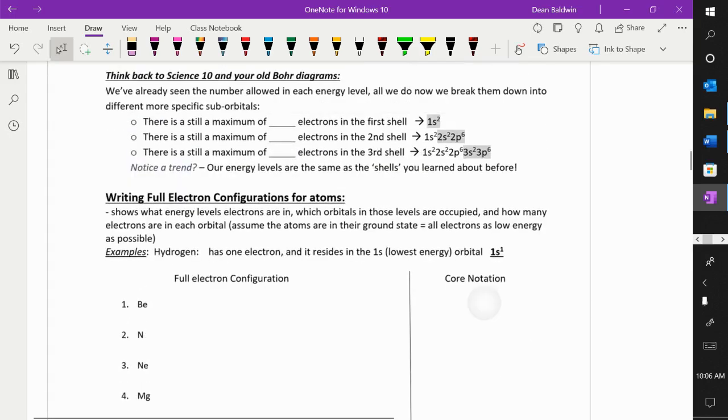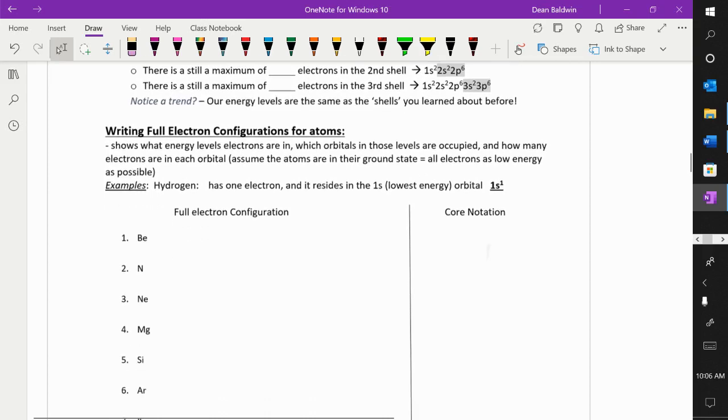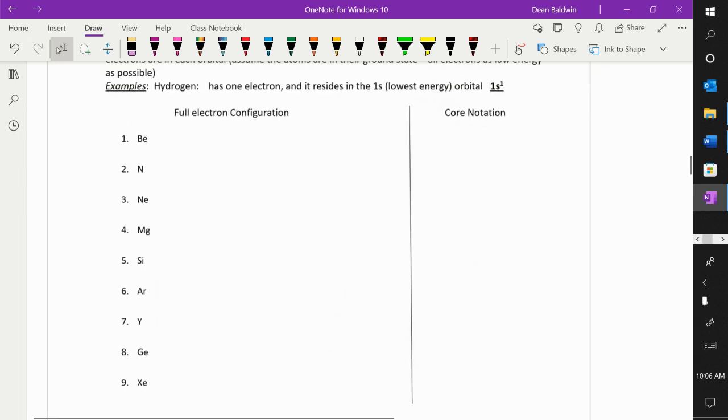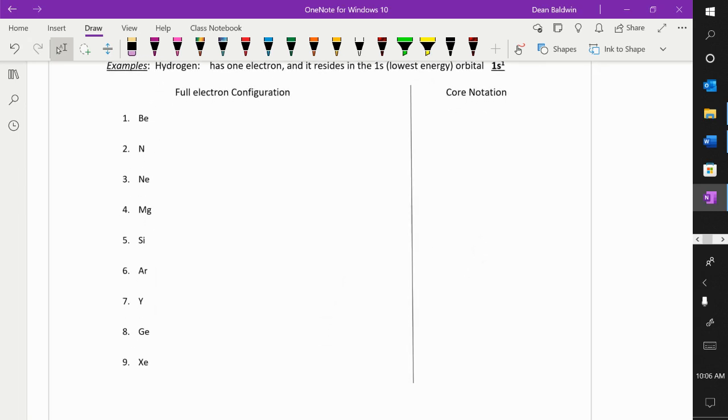This one. Write the electron configuration, do full, and then you can do core. On a test, I'll only ask for core, but I want you to practice full for now. That's what you're doing for the rest of the block.